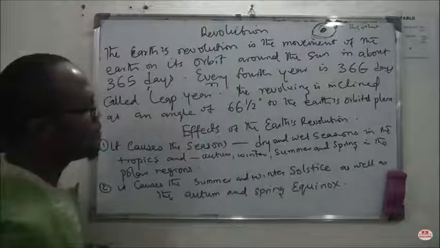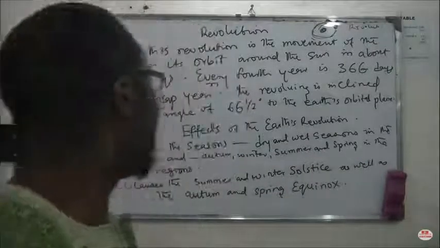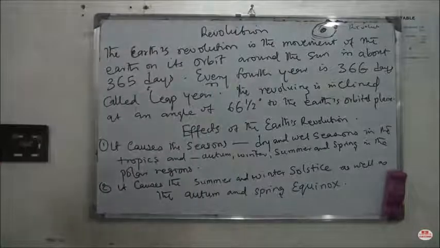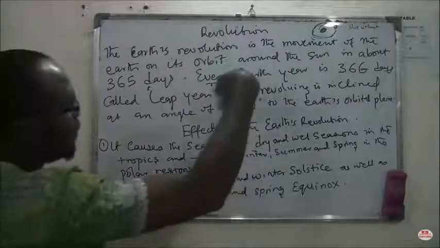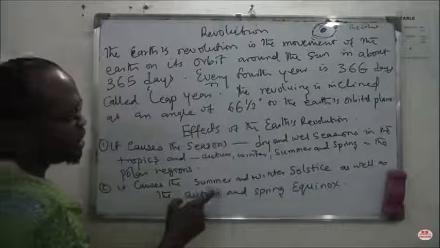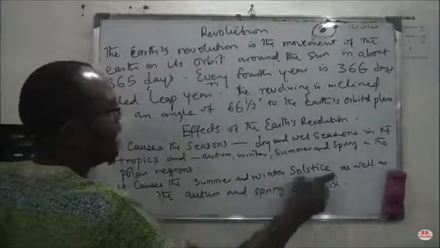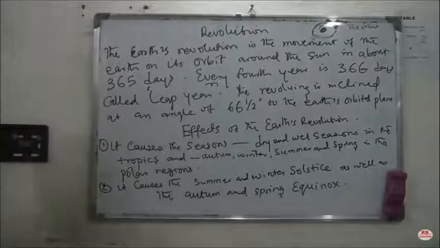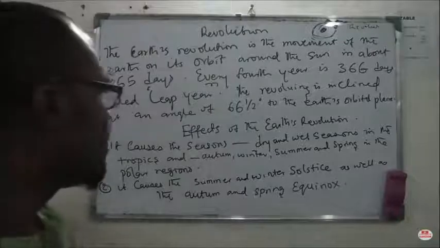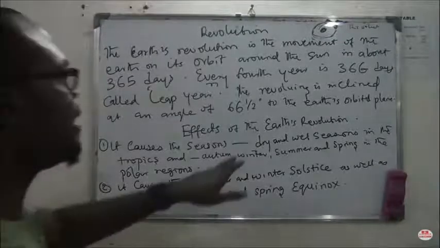Those are the seasons that you have in the polar regions. Also, the revolution of the earth causes summer and winter solstices, as well as autumn and spring equinoxes. So those are the effects of earth revolution.